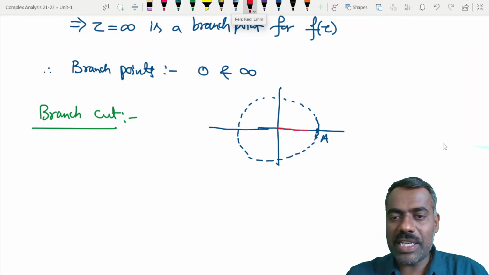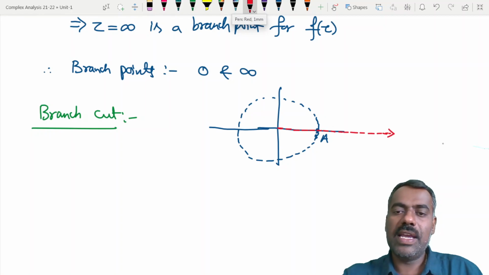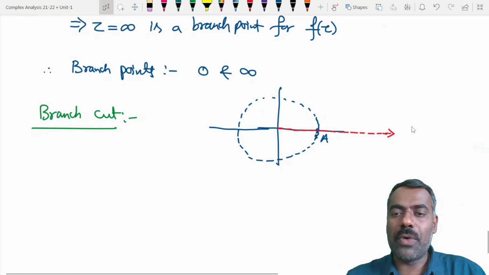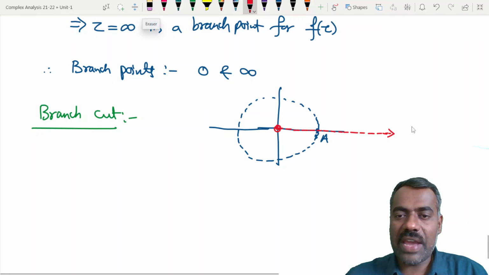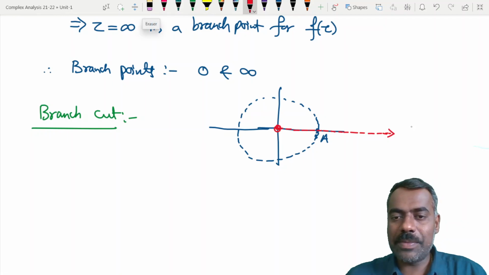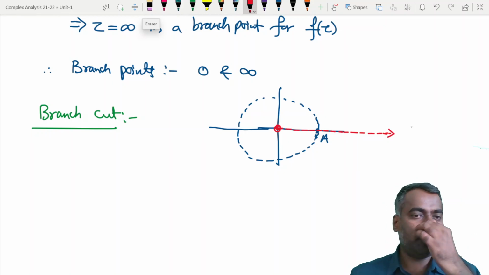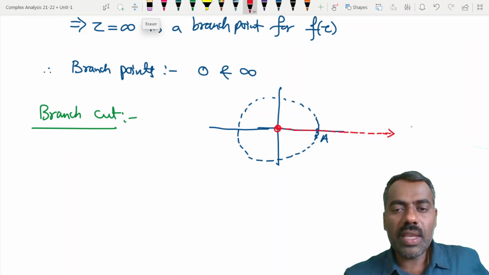Then assume that it is just like a wall, a bigger wall. After reaching this point, you cannot go across. 0 is also not allowed. So whatever you have in these blue dots, except this red line, will that become a single valued function or not? Yes or no?